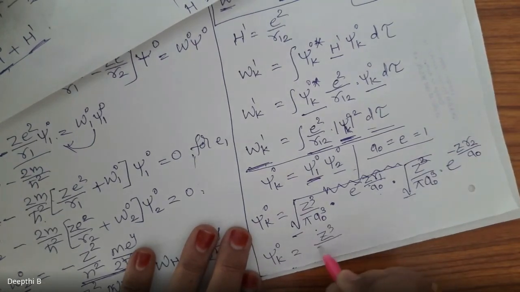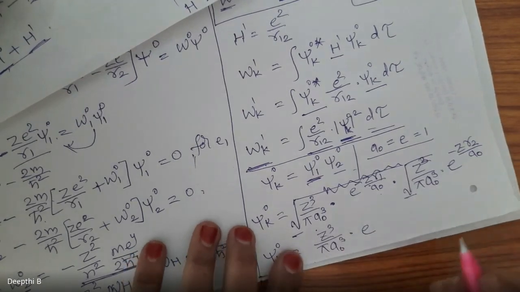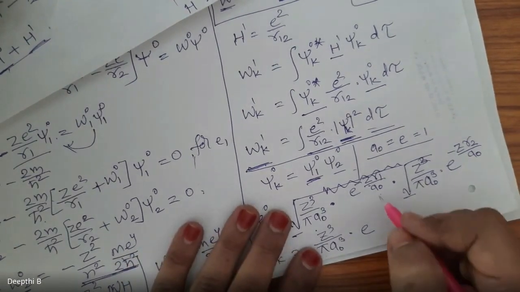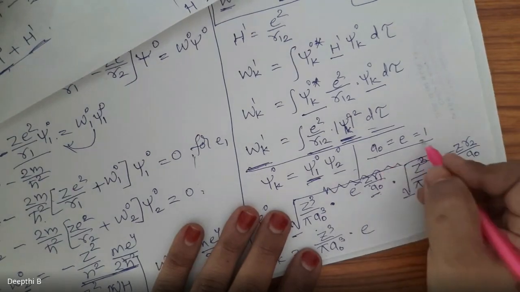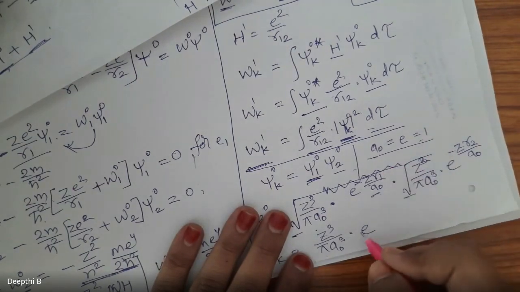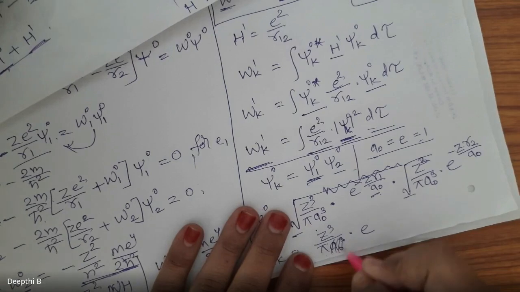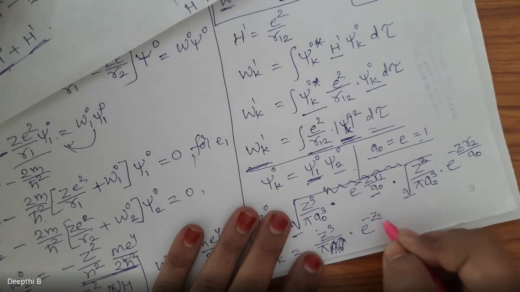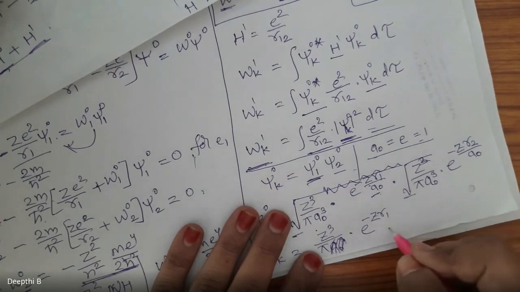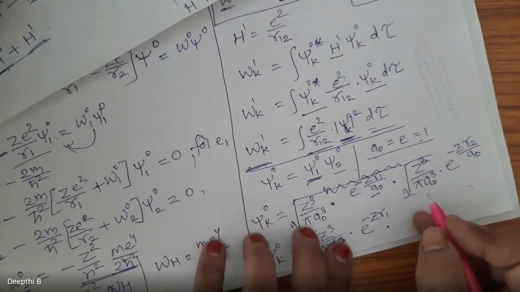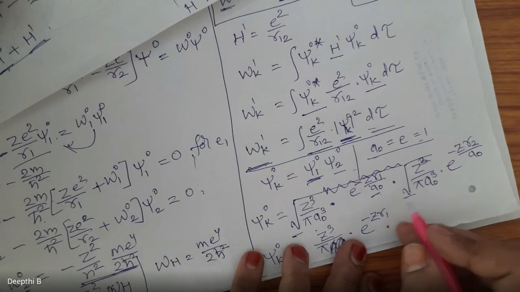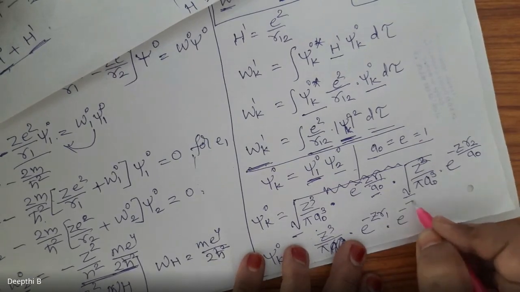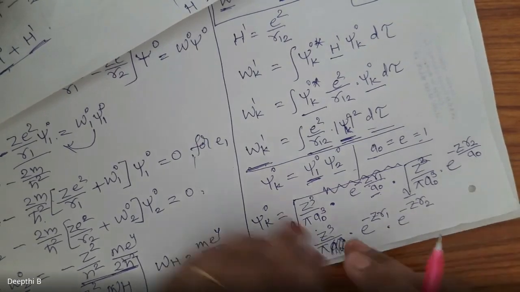Z cube by pi a naught cube into e power minus... this a naught is 1, no? A naught is 1, so we can remove this a naught. So e power minus Z r1 into e power minus Z r2.